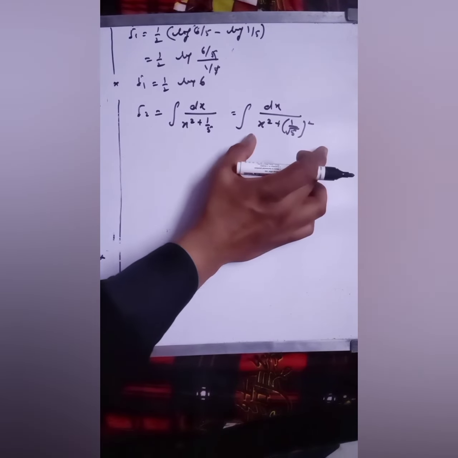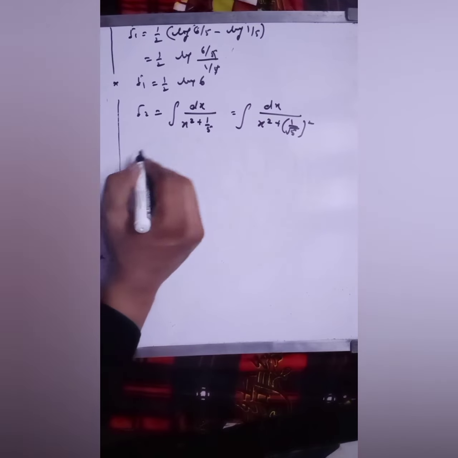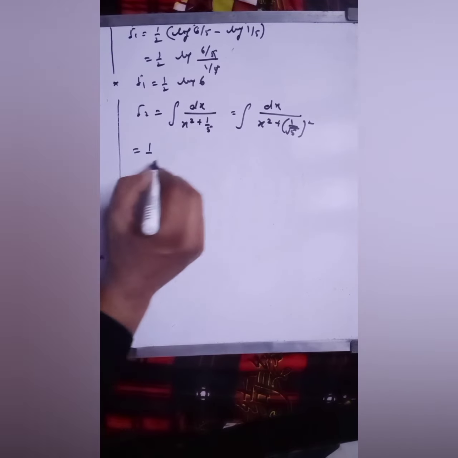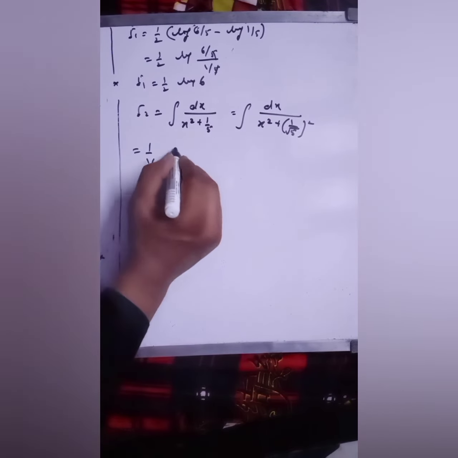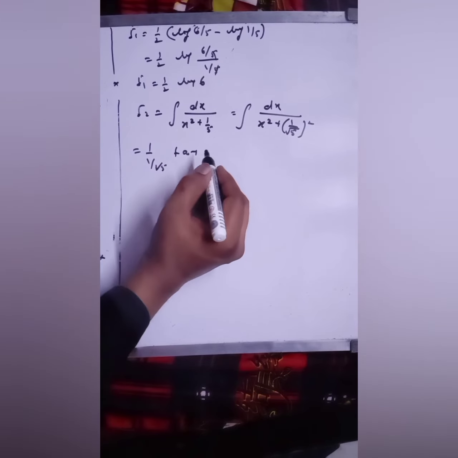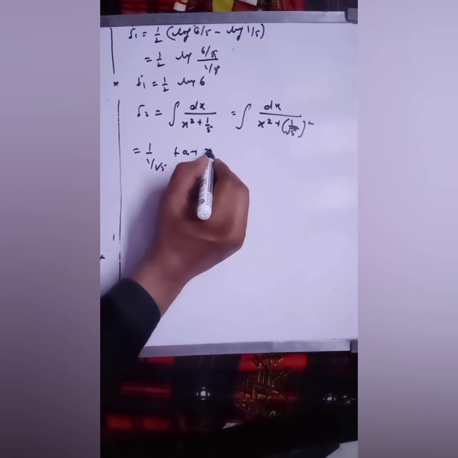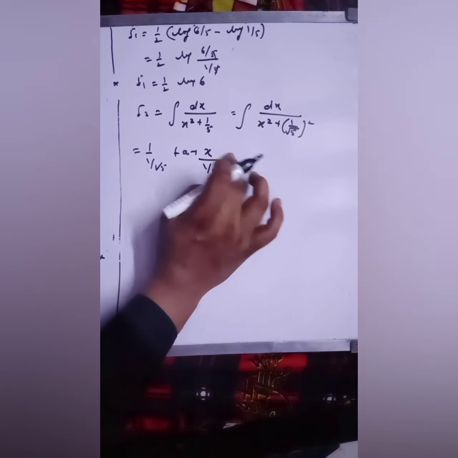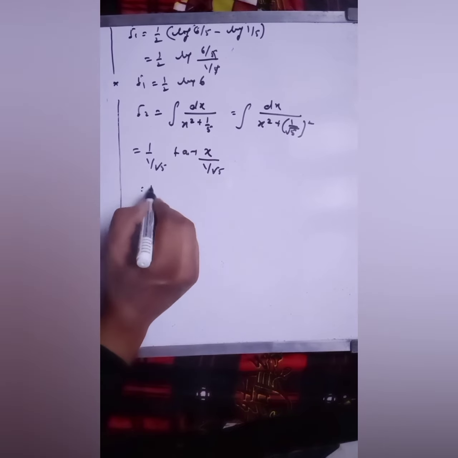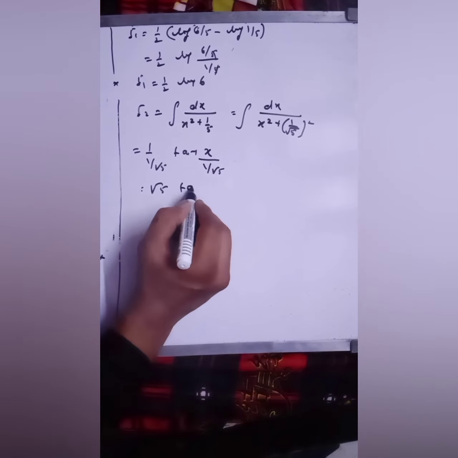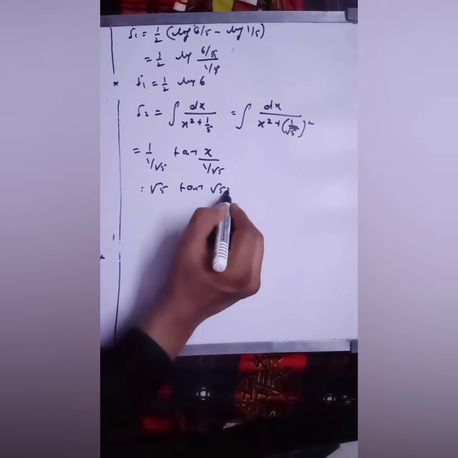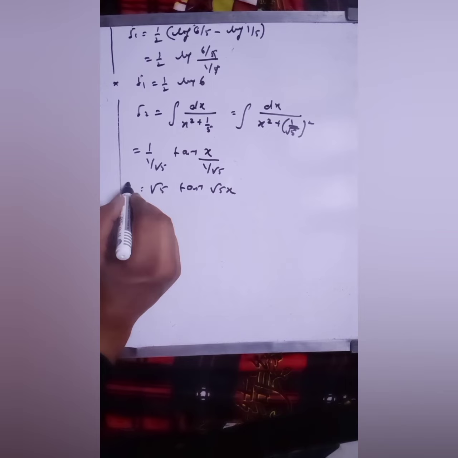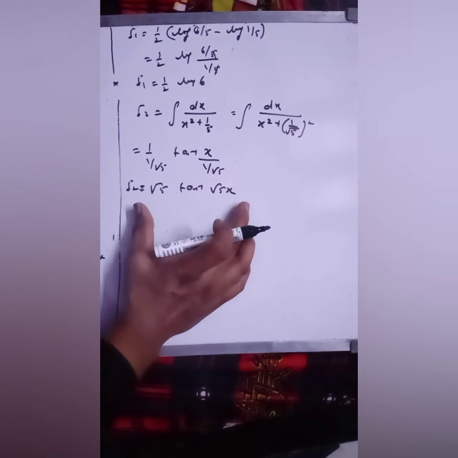This is the formula of tan inverse, so that is 1 by a, where your a is 1 by root 5. So 1 upon 1 by root 5 tan inverse of x upon a, that is 1 by root 5. So root 5 tan inverse root 5x. This is the value of I2.